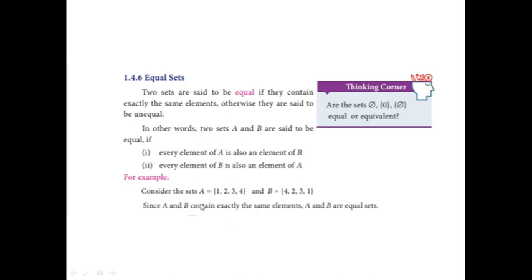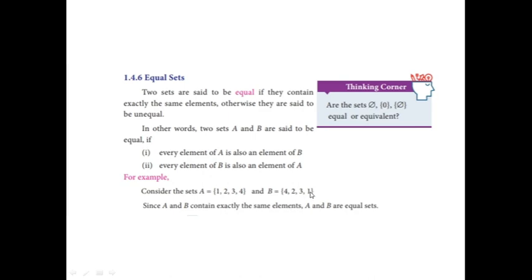See, for example, I can say set A equals {1, 2, 3, 4}, set B equals {4, 2, 3, 1}. The elements are the same, but they are arranged in a different order. But both the sets have the same elements, is it not?